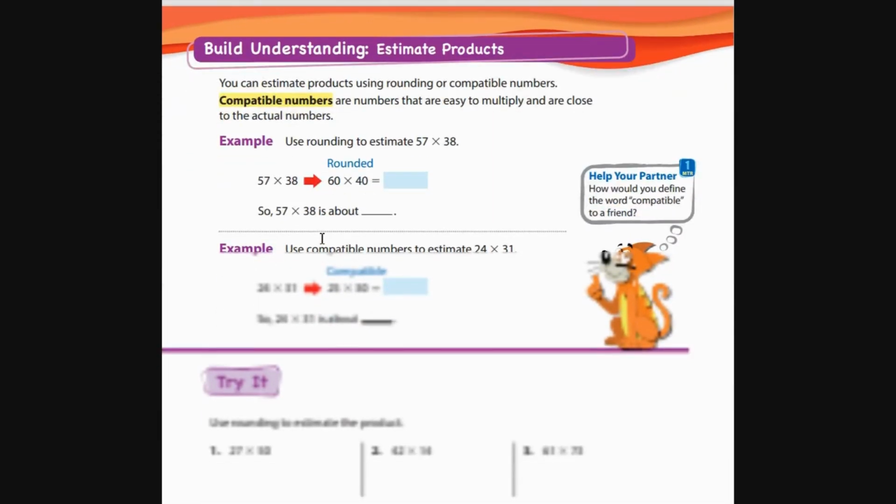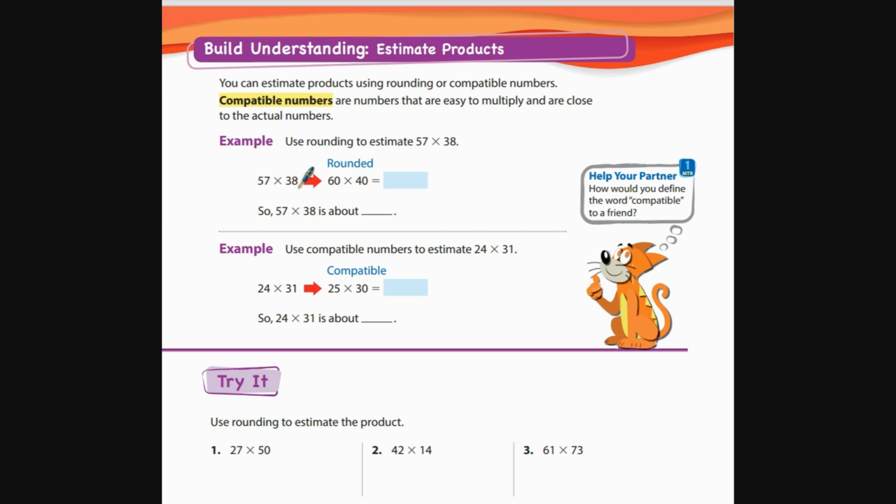And here we go. Let's build some understanding, okay? You can estimate products using rounding or compatible numbers. Again, compatible numbers are numbers that are easy to multiply and are super close to the actual number. So, for example, 57 and 38, neither of them are close to a multiple of 5.